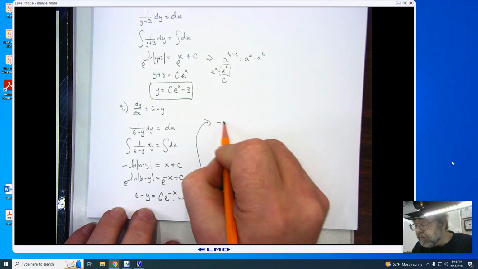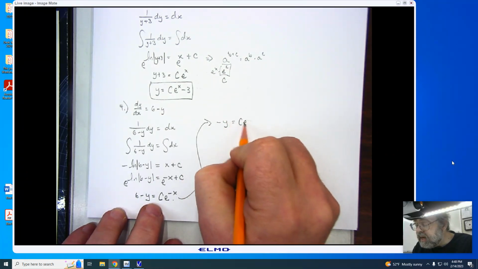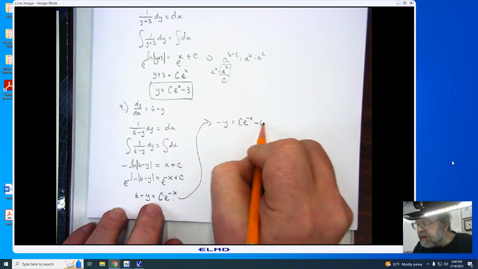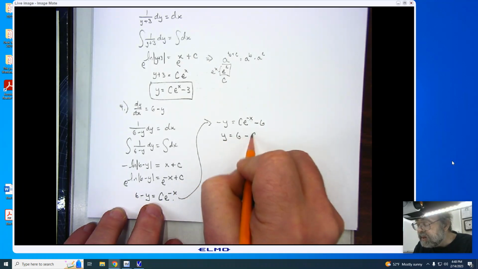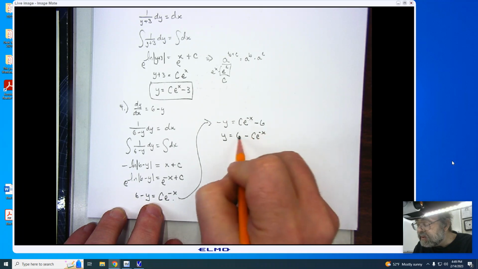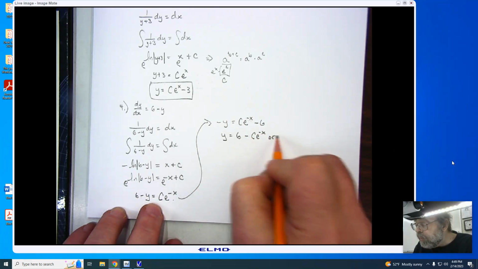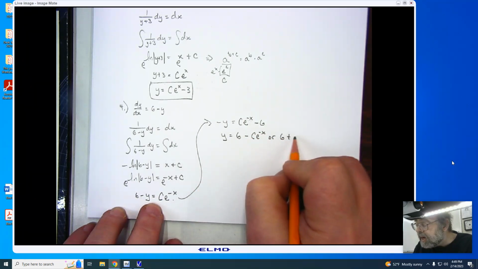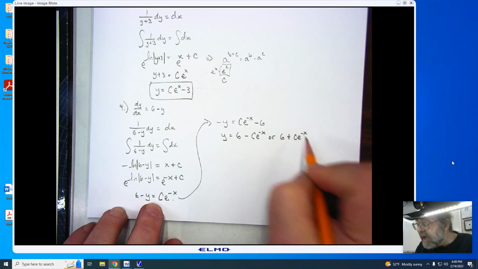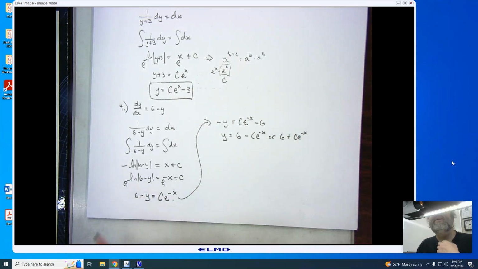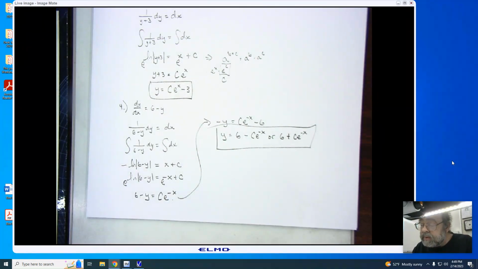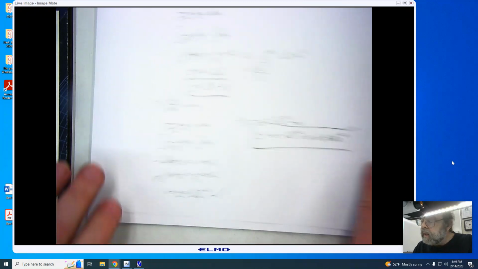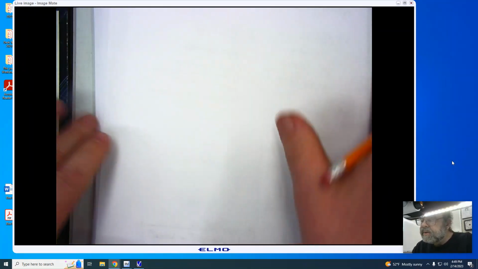So I have negative y equals ce to the negative x minus 6, and then multiply to give me y equals 6 minus ce to the negative x. Now, I will point out that we could also write this as 6 plus ce to the negative x, and that's because the constant can either be positive or negative, and we don't know. So one of those two answers is what we're looking for. Let's go ahead and move to number 5 next.